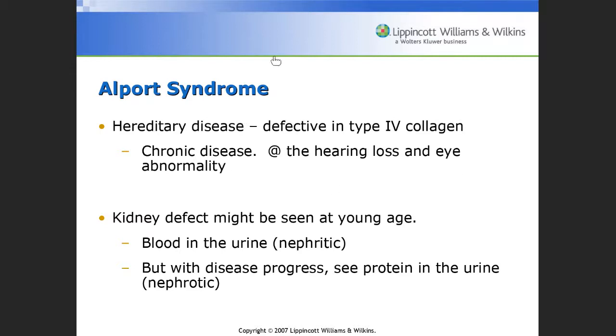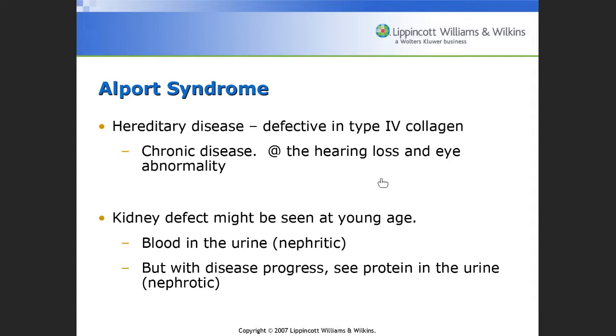So my clinical question will probably be, if someone has hearing loss and eye impairment, what disease do you know that is associated with that? Well, now you know it's Alport syndrome, the type 4 collagen.